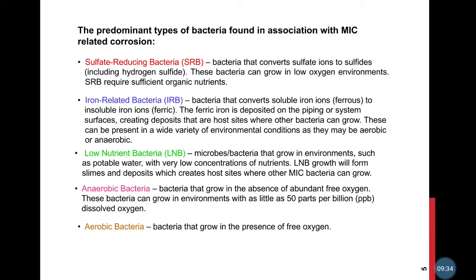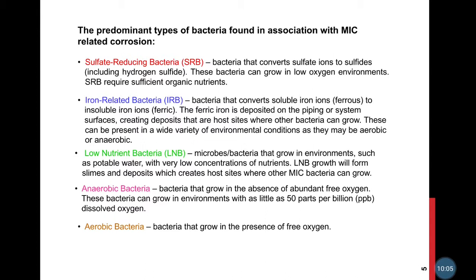So okay, when we are talking about MIC, secara tak langsung we have to know or identify some microorganism which orang kata associate with the MIC. Okay, the first I would like to introduce sulfate reducing bacteria, or we panggil dia sebagai SRB.